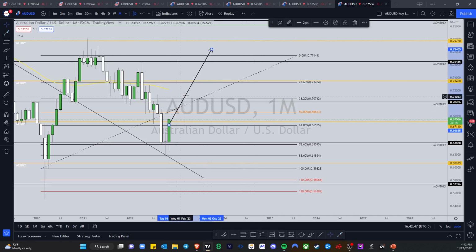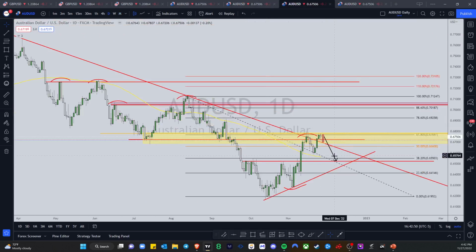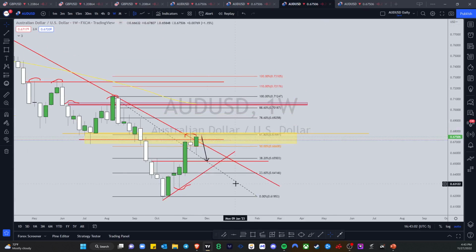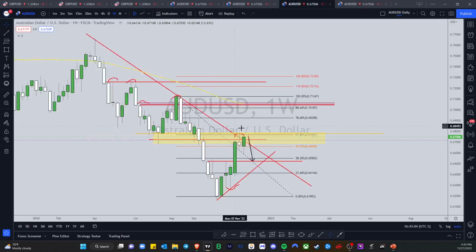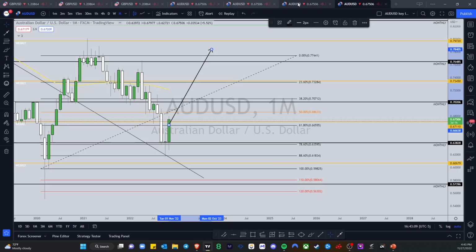So for that push up to continue, we need to see at least another high low form on the daily, also a high low form on the weekly, right? So we need to see two things happen before we can see the bullish push on the monthly.